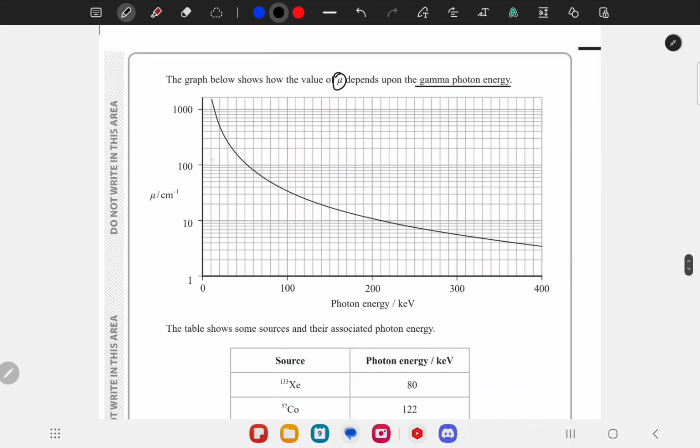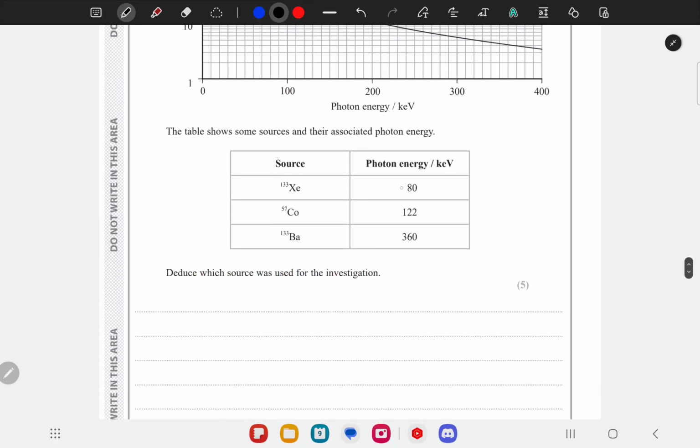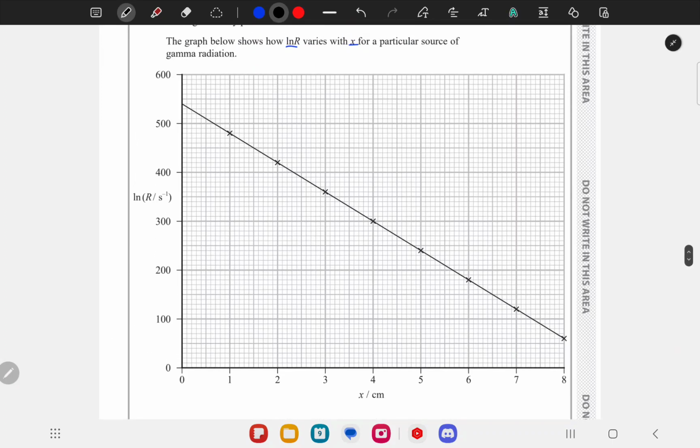Then we have to check what energy it corresponds to. So for the value of mu we'll get a corresponding value of photon energy, and we'll see if that photon energy corresponds to 80, 122 or 360. So for this we'll consider this point and this point, this and this.